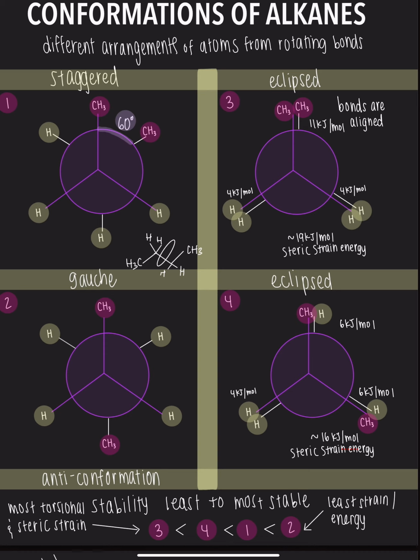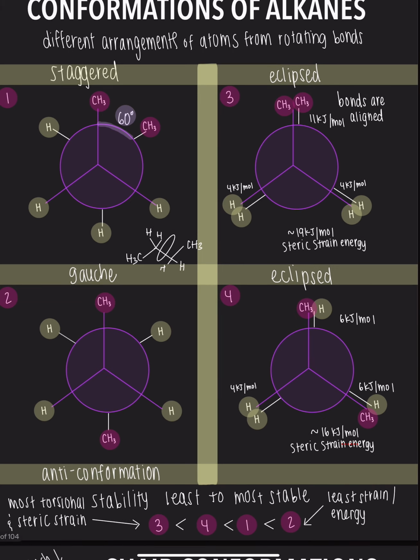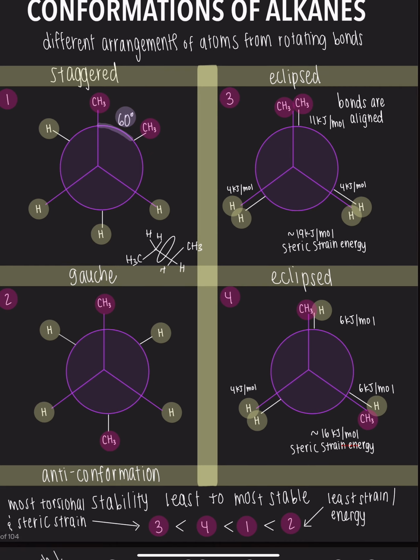One more thing before I conclude this video: in terms of stability, I cannot say this will always be the case, because, like I said, I'm pre-med studying for the MCAT, and there are cases where anti-conformation is not the most stable. Why is that?